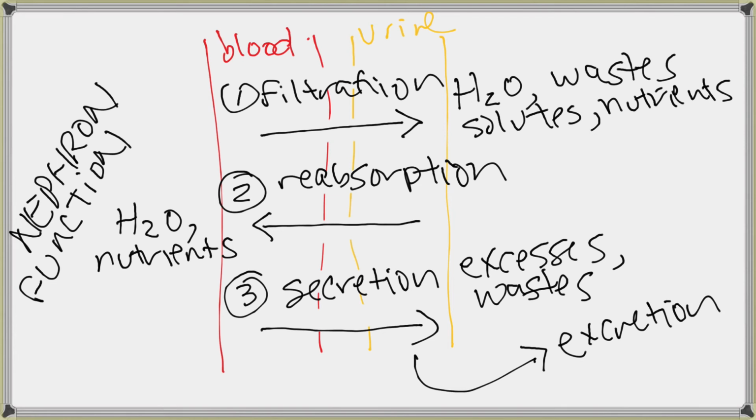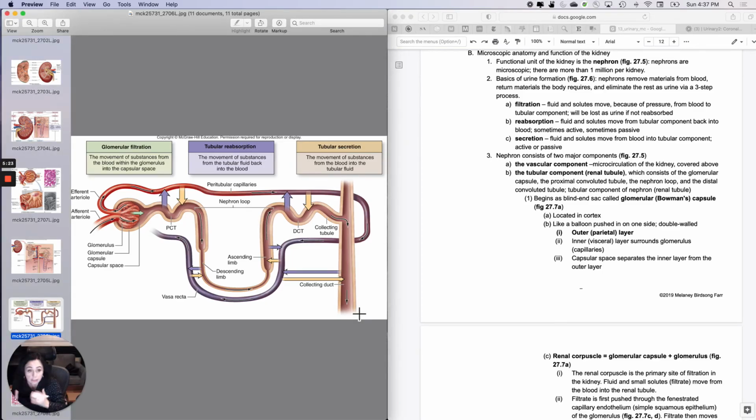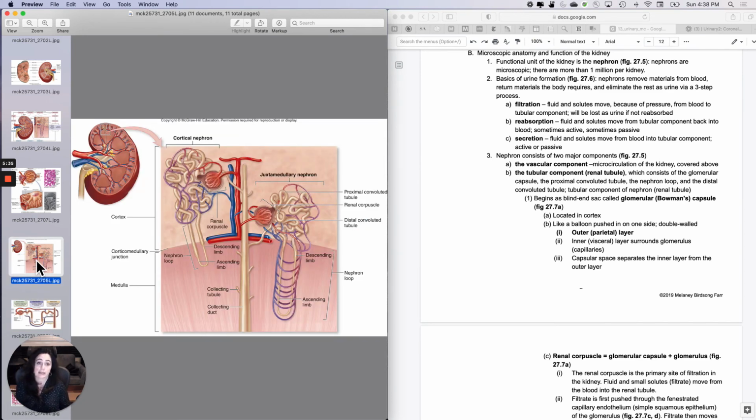And of course the blood came in from the renal artery, right? And then it's going to go back through the renal vein back into circulation. Cool. And so the blood is going to be cleaner. You're going to have kept most of the important stuff and got rid of a bunch of waste products. Okay, and the reason that you can, of course, do this is because you have blood tubes right next to pee tubes.